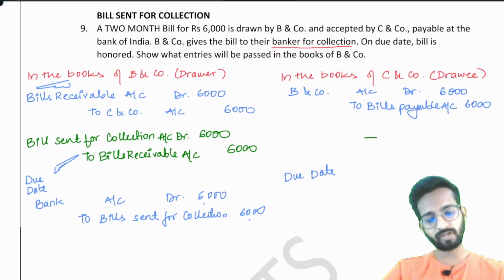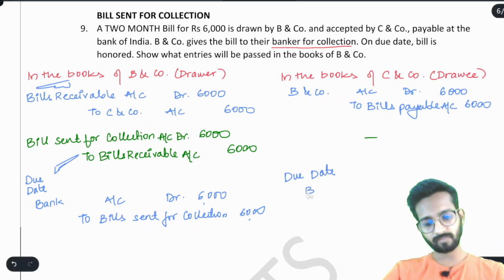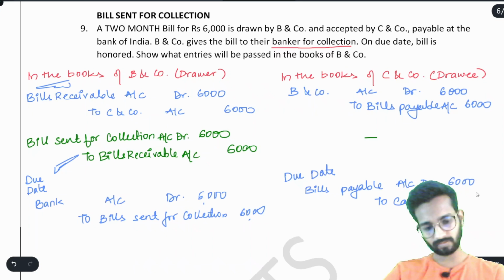So for him, on the due date, the journal entry will not change and the journal entry will remain the same. Bills payable account debit to cash or bank, whatever he has given to the banker. Cash account 6,000 and here also 6,000. Simple.